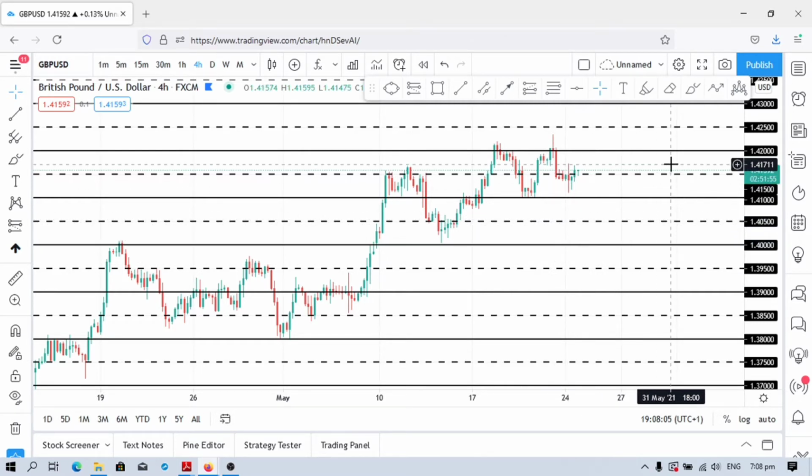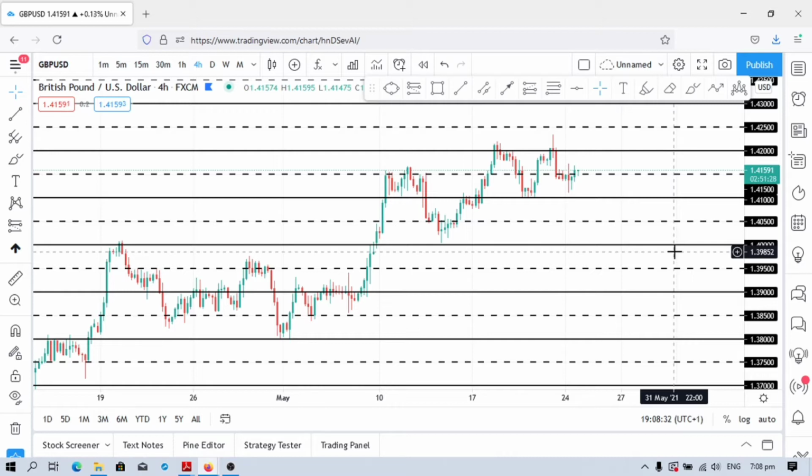You just look at the chart for areas that have triple zeros or double zeros, and you know you're at a psychological level. It can also be implemented in all financial instruments: the forex market, the crypto market, the options market, as well as the stock market. Some of the disadvantages are that it's not always 100%, like I said earlier.